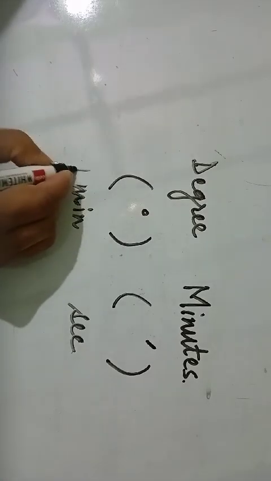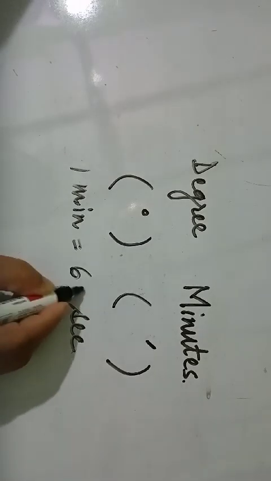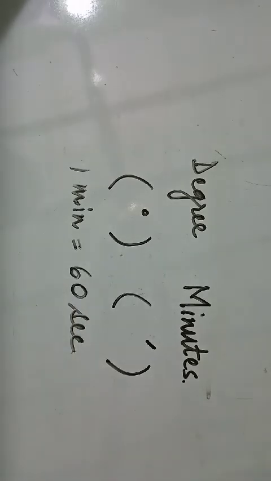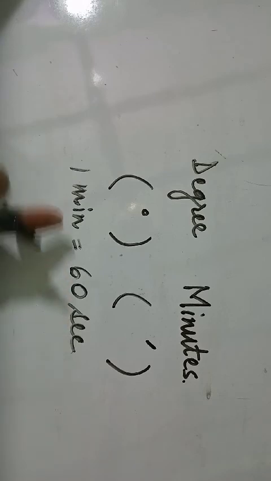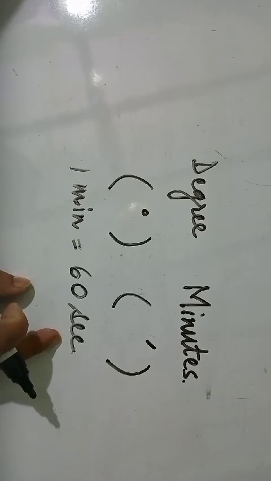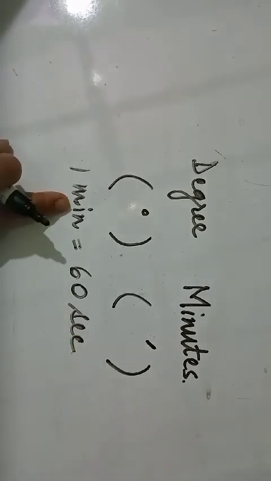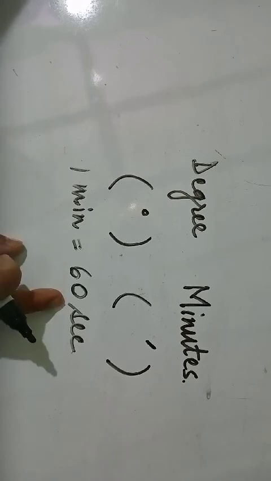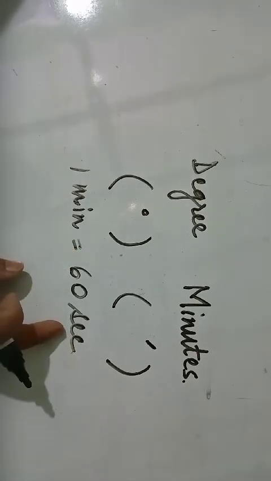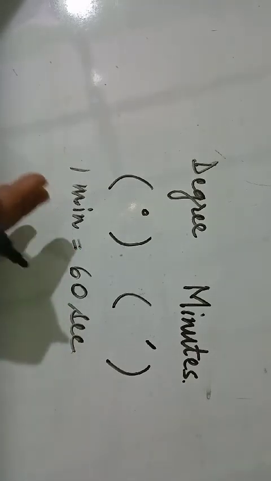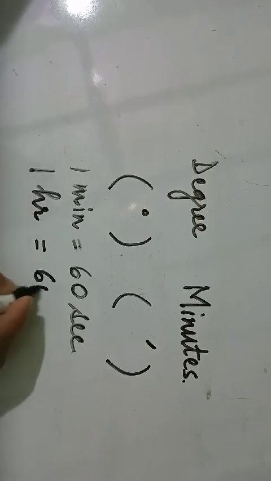You say that 1 minute is equal to how many seconds? 60 seconds. So what are minutes and seconds called? These are two different units of time. 1 minute is equal to 60 seconds. So that obviously gives you an idea that minute is the bigger unit of time in comparison to second. Similarly, when you talk of hour, 1 hour is equal to 60 minutes.